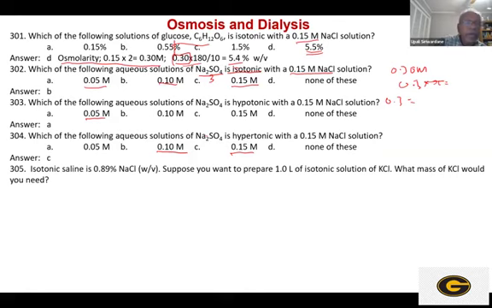Saline solution has weight by volume 0.89. How do you prepare 1 liter of isotonic solution? Suppose you want to prepare it, what mass would you need?